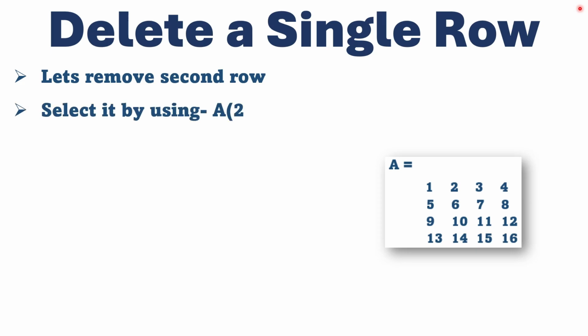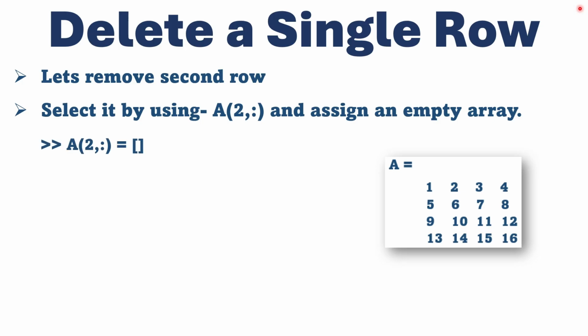So what I'm going to do here is select it by using A and the second row, comma, the colon symbol, close the bracket and assign an empty array. So A in brackets 2, that is the second row, then comma and the colon symbol, and I close the bracket and assign the empty array there.